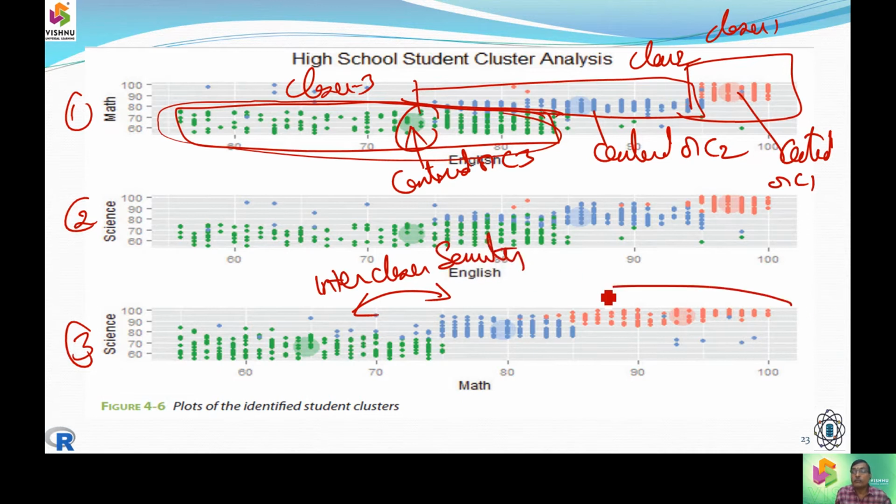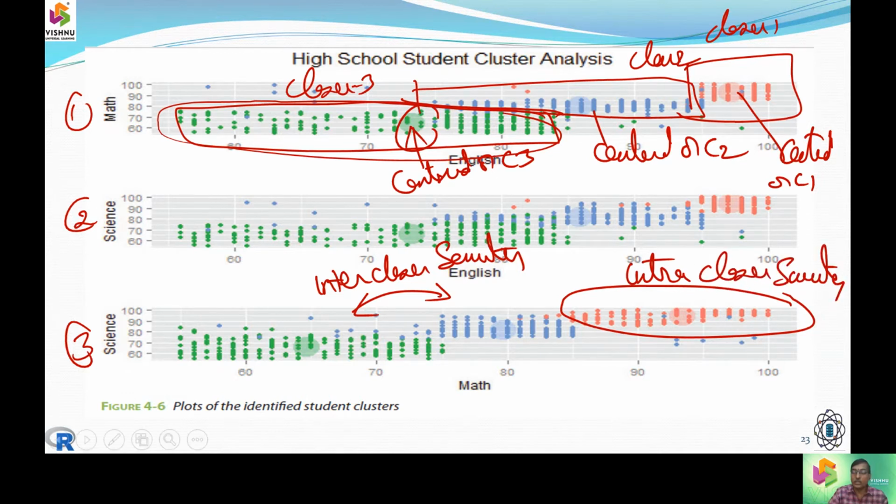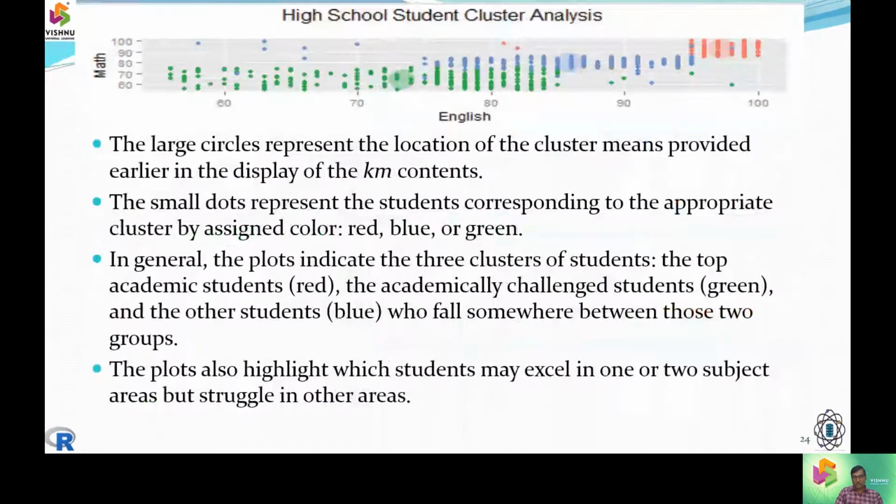But if I compare within itself, then we call it intracluster similarity. So this is how we are going to project the graph for the clustering. The large circles we call a centroid, or we call them a mean. The large circle generally represents the K contents.